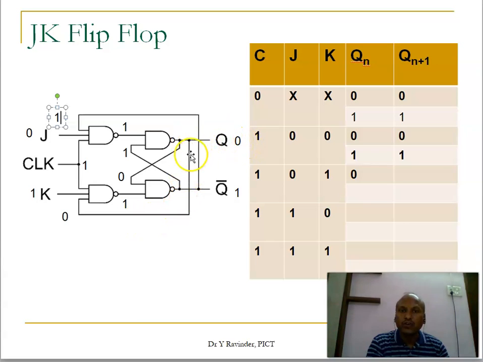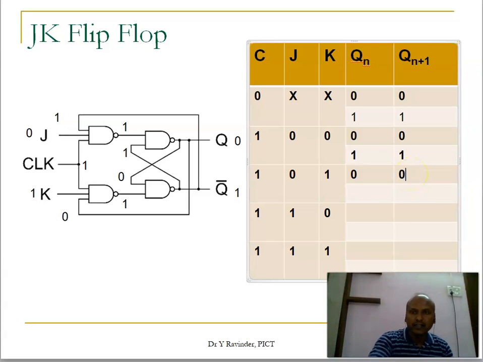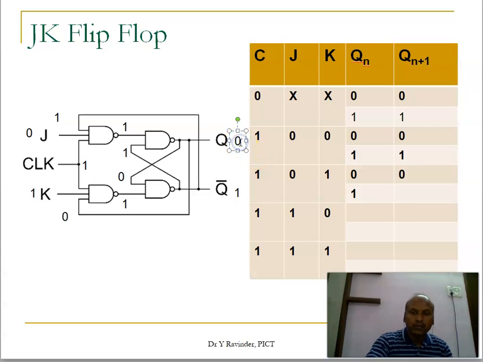So if this is 0, this 0 is fed here, and this 1 is fed here. So this will be 1 and this again will be 1. So 1 and this is 0, 1 and 1, 1, 0. So this is again 0. Output is 0.